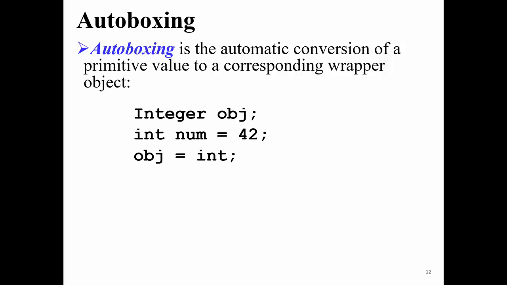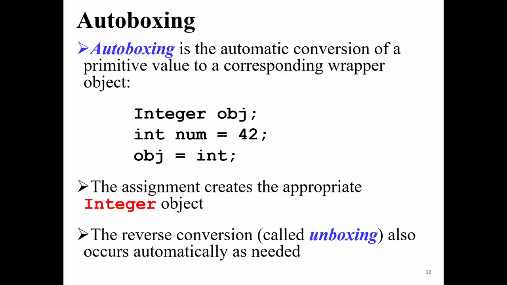Then in the second line, you write int number equals 42. Actually there's a mistake here: on the third line it's supposed to be number, NUM. When you assign NUM to the object, this takes the primitive data type and puts it inside the wrapper class automatically for you. So even if you're not using the new keyword, it will do it for you. It becomes like a string object.